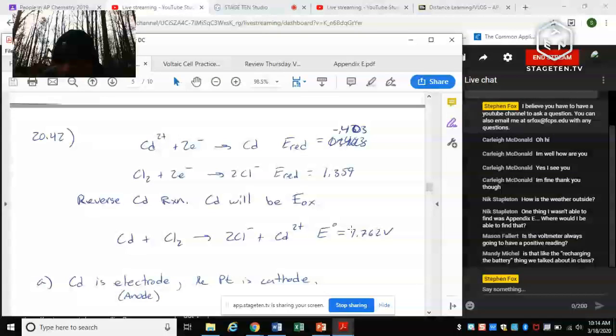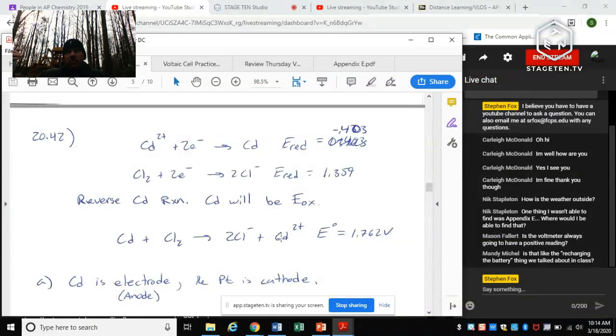Yes, okay, so reversing the spontaneous redox reaction is recharging the battery. Exactly. So if I made a battery out of cadmium and chlorine, this is what my expected voltage would be initially. And as the reaction proceeds, think about this: the amount of chlorine is going to decrease, and the amount of cadmium ions and chloride ions are going to increase, and that's going to decrease the favorability of the forward reaction.